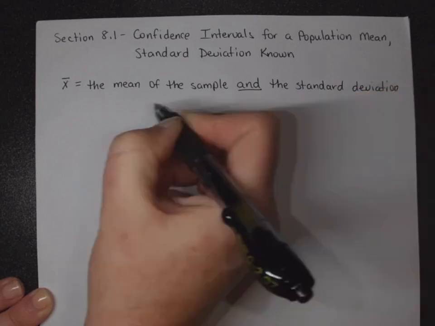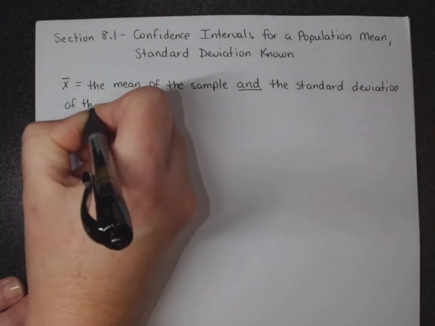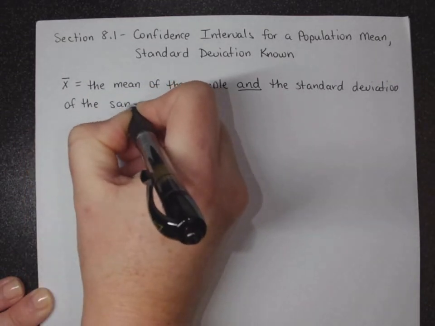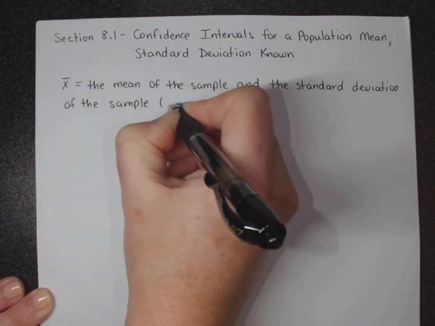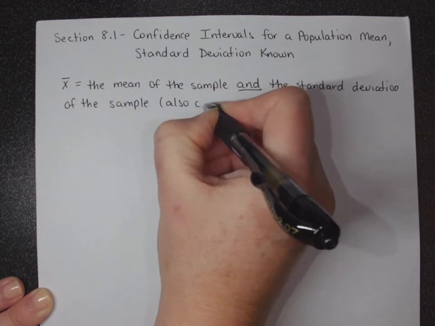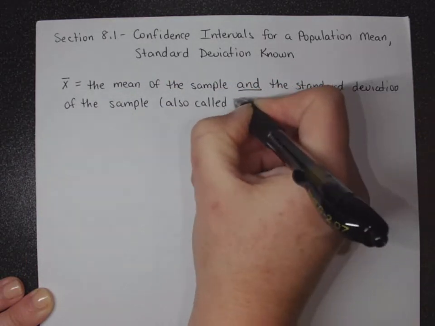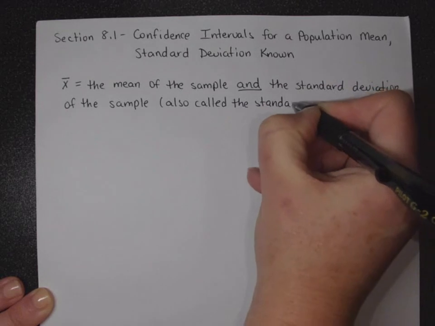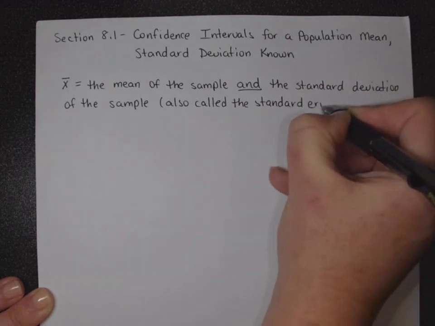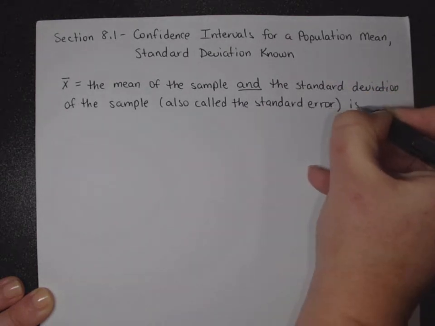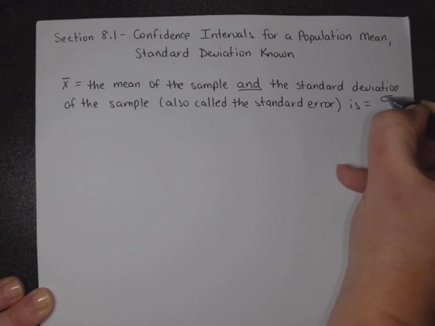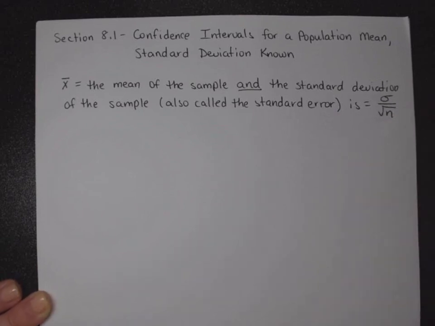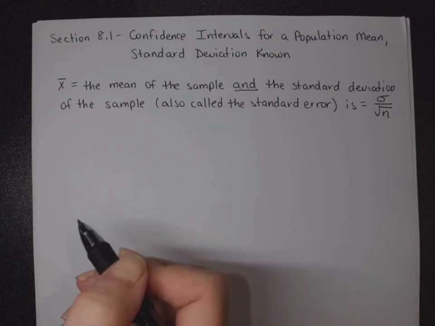The standard deviation of the sample, which in this section we also call the standard error. And that's equal to our population standard deviation over the square root of n. Okay.